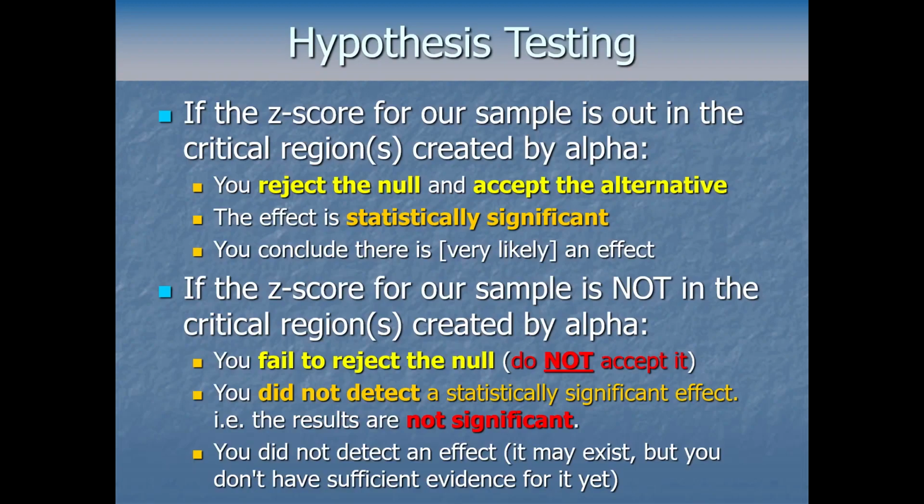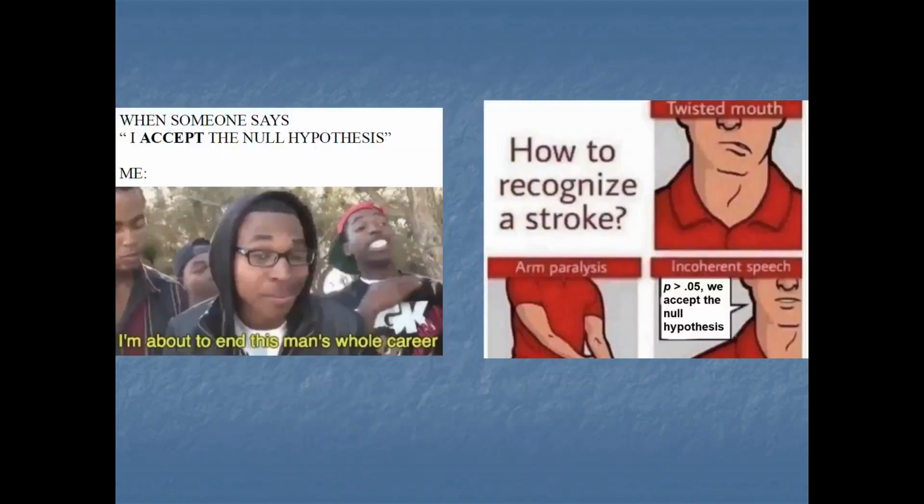What we would say is we did not detect a statistically significant effect, or we failed to find a statistically significant effect, which people often shorten to just saying the results are not significant. But not significant doesn't mean the null is true. It doesn't mean we accept the null hypothesis. It just means we didn't have enough evidence to reject it. So at this point, maybe it's true, maybe it's not. The question is still open.